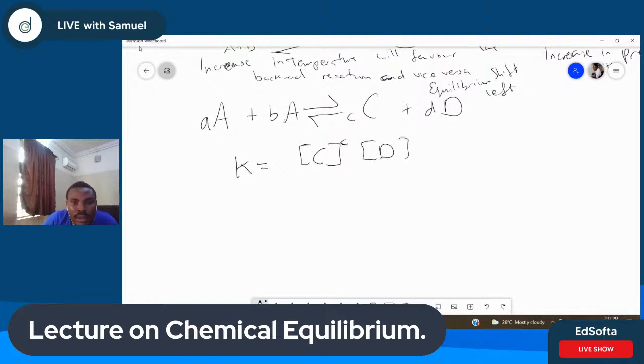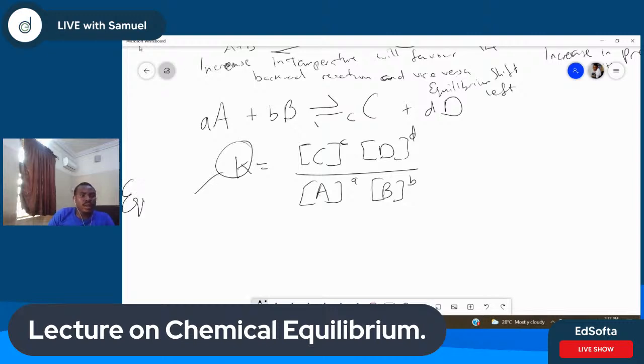So these are the products over the reactants, A. So this is how you will find the equilibrium constant of an equation.